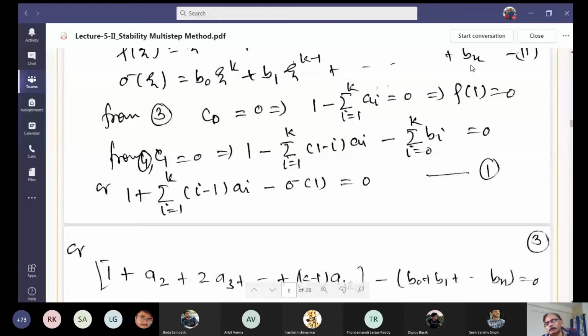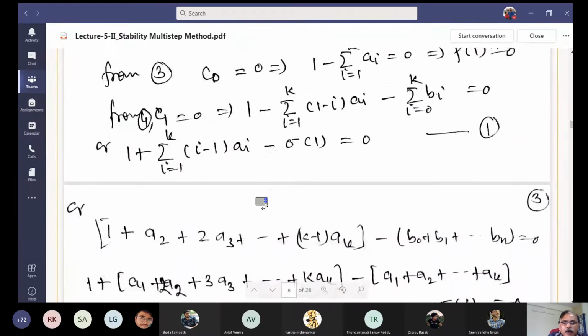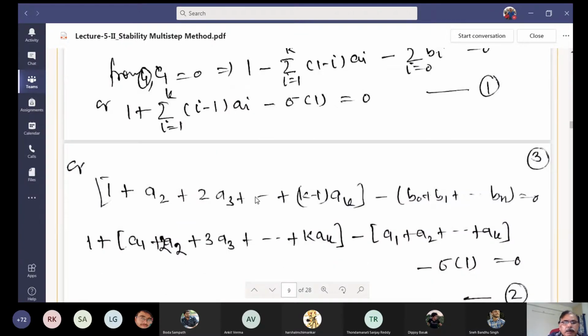So this summation of bi, i from 0 to k, is nothing but sigma(1). I have just replaced it with sigma(1). Now we will see whether we can write the remaining portion in terms of rho(ξ) or not.